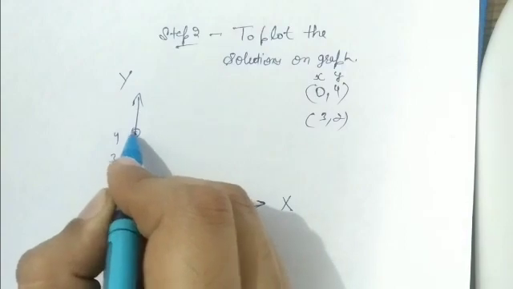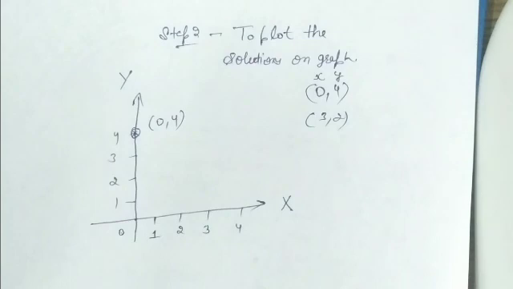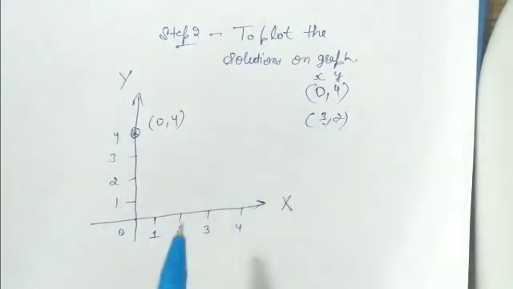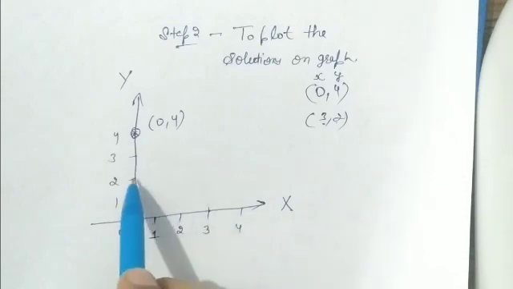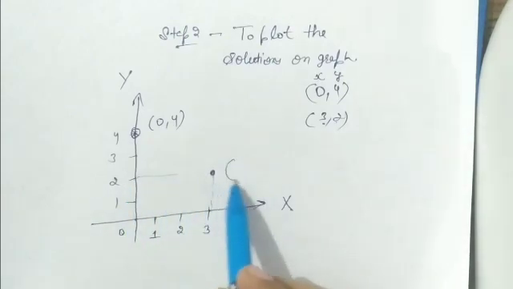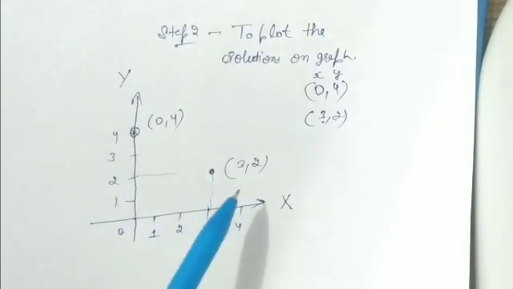So this is going to be (0, 4). The next is (3, 2), since x is 3 and y is 2. So x is 3 here and y is 2. We start from x and go up to y, that is 2. So it will be here. Here our second point will be there, that is (3, 2). This is how you plot the points on a graph.